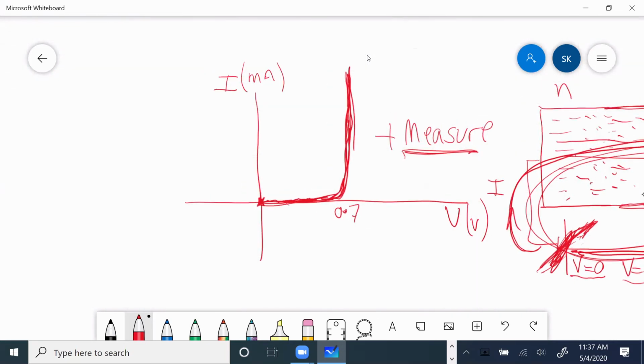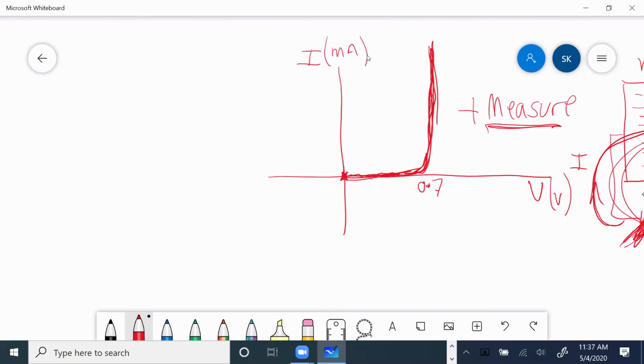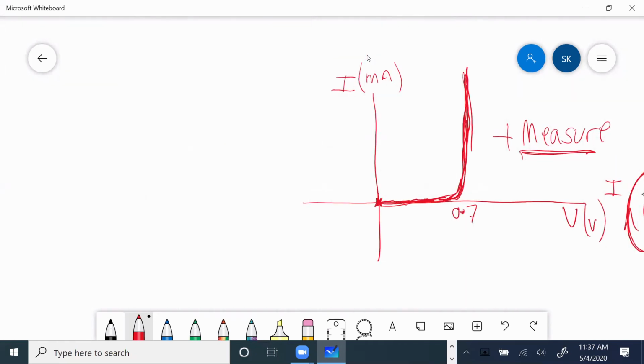Now let's see whether what we measure correlates with the mathematical relationship that we know about at a PN junction.